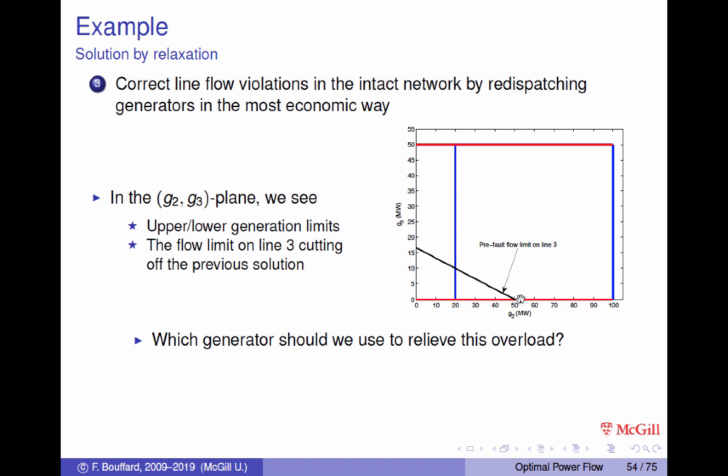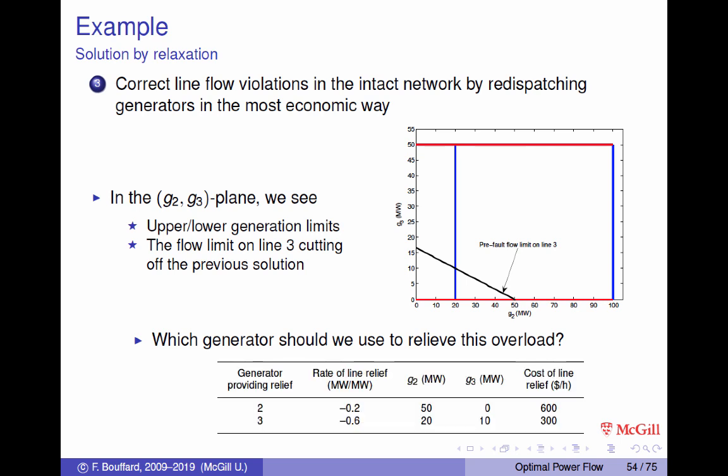So really the question is, which generator should we use to relieve this overload? And clearly what we want to do here is to minimize the cost of having to do this. So if we look at the H factors of providing relief on line 3, the rate of line relief for generator 2 is only 0.2, whereas for generator 3 it's 0.6.